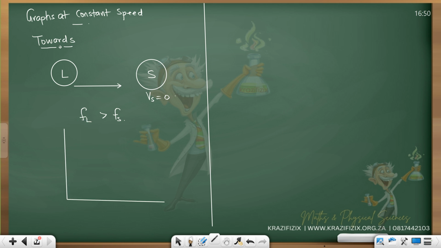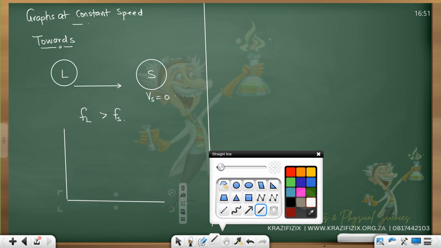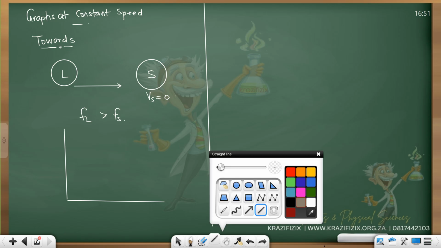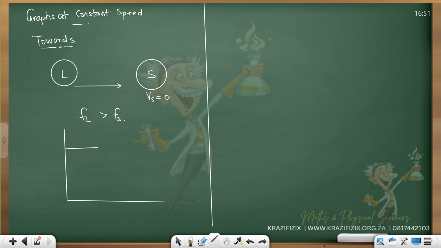So when I look at the graph like this, I am going to be looking at something that looks like this. First you would notice we are moving towards, then we are going to move away.